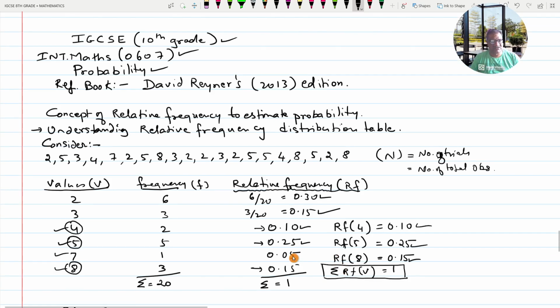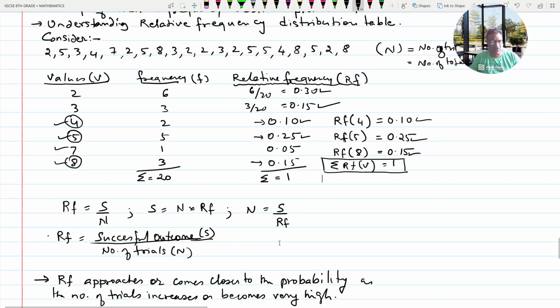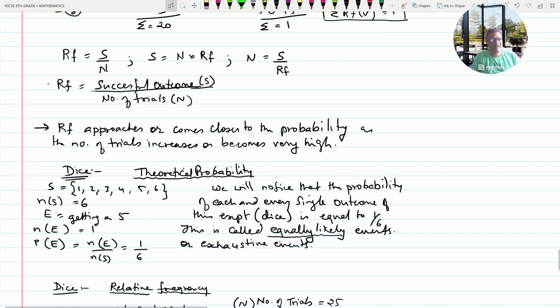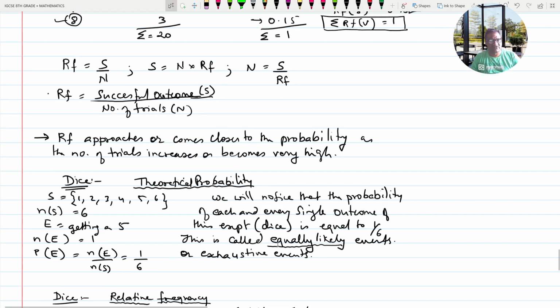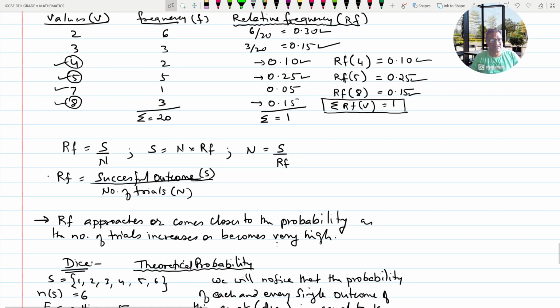Okay, now let us go ahead and see what way you can make a formula out of it. So just now I told you how this relative frequency table is made, and in the process I told you how to get the relative frequency. To get this relative frequency, you divided frequency by the total number of trials, isn't it?